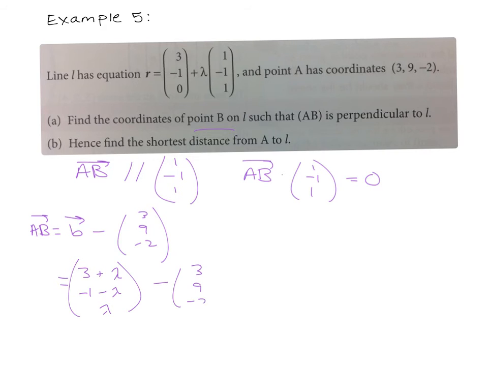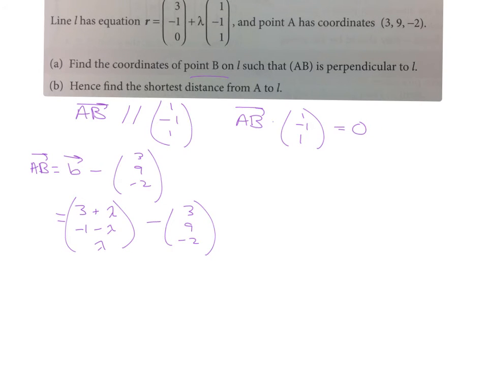We know position vector A. Now we can condense those two vectors. 3 plus lambda minus 3 is just lambda. Negative 1 minus lambda minus 9 is negative 10 minus lambda. And lambda minus negative 2 is lambda plus 2. So that is our vector AB.